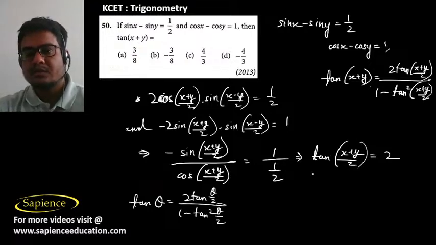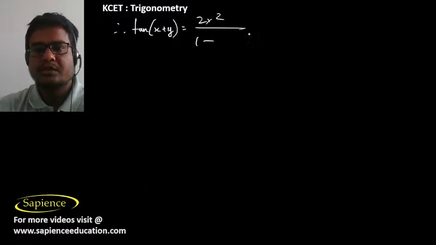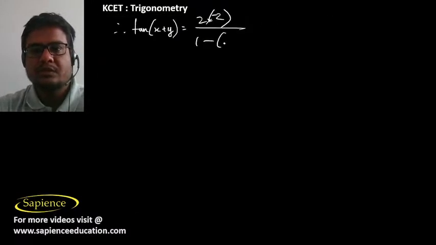Therefore the value of tan of x plus y will be equal to 2 into minus 2 divided by 1 minus minus 2 whole square.